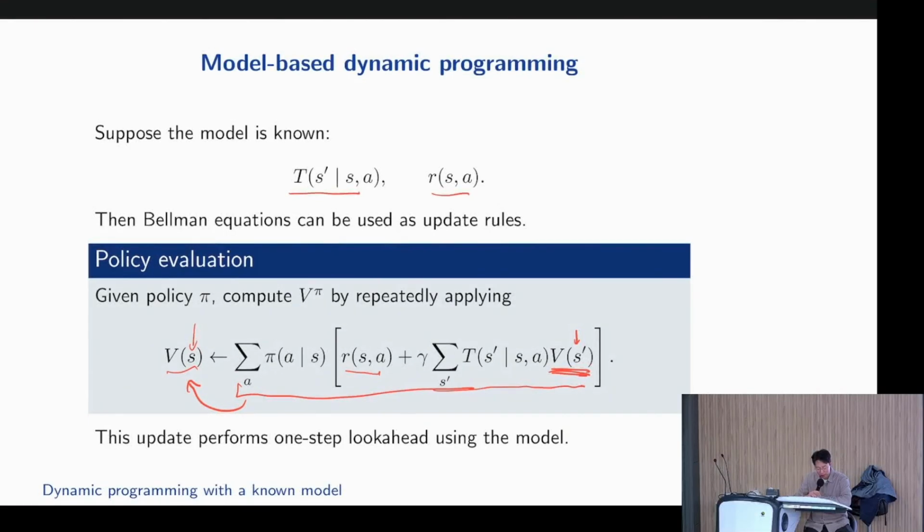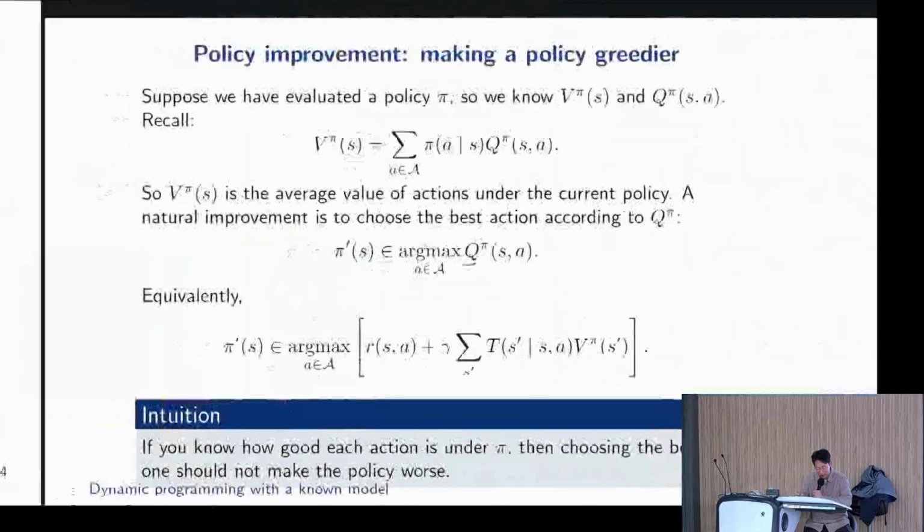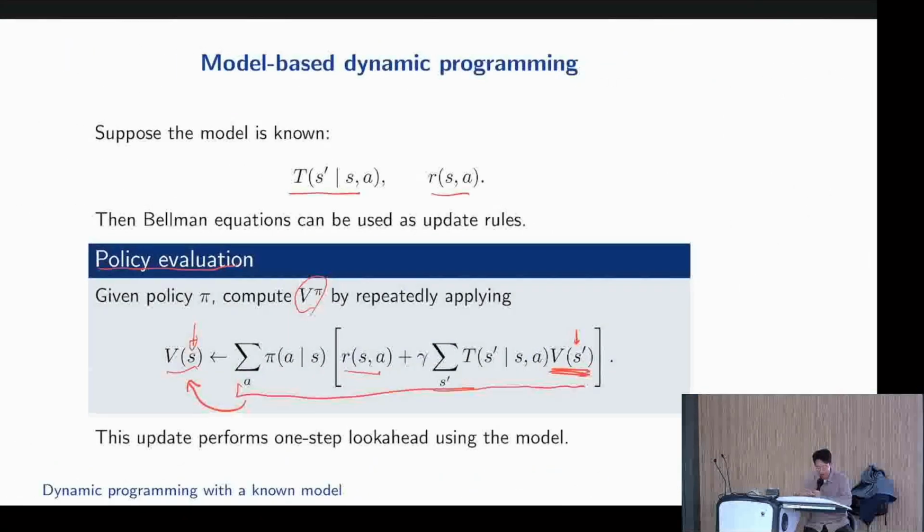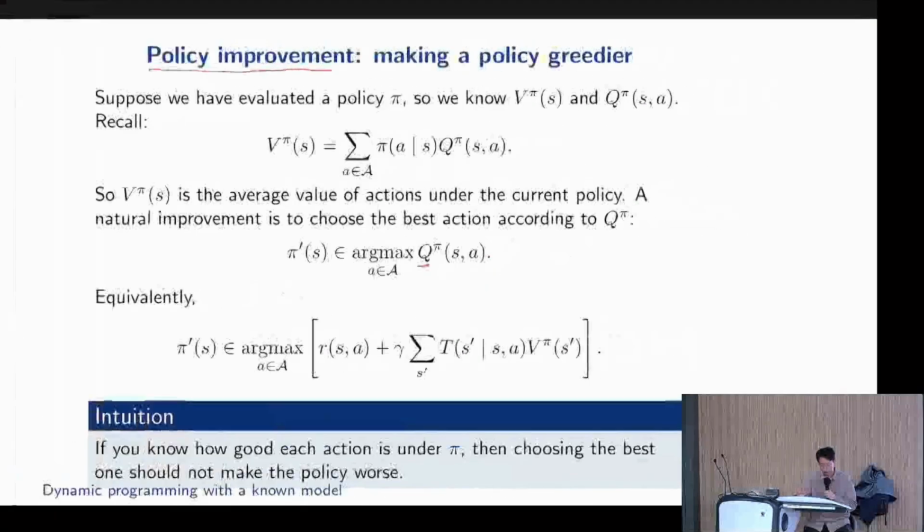One is policy evaluation, filling in the values of V pi. This is to compute V pi. And phase two is policy improvement. So it's a two-step process. Given the policy, any policy, you fill in V pi using DP. Step two, you improve the policy.